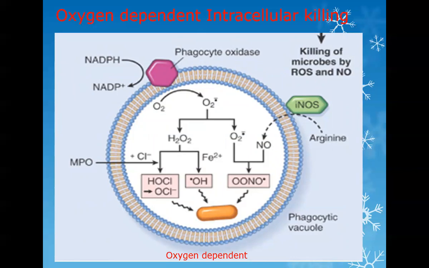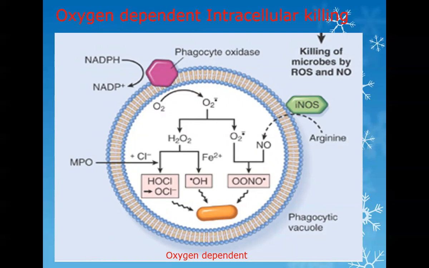This myeloperoxidase pushes chlorine ion in, and this chlorine joins with hydrogen peroxide to form hypochlorite. And this hypochlorite is the same bleach you use for washing your clothes. They are so active in killing bacteria, right? So by putting bleach, you are not only cleaning your clothes but also killing the bacteria, right?